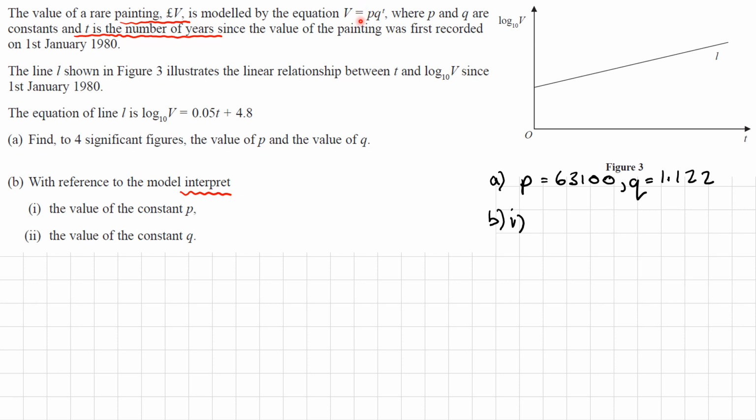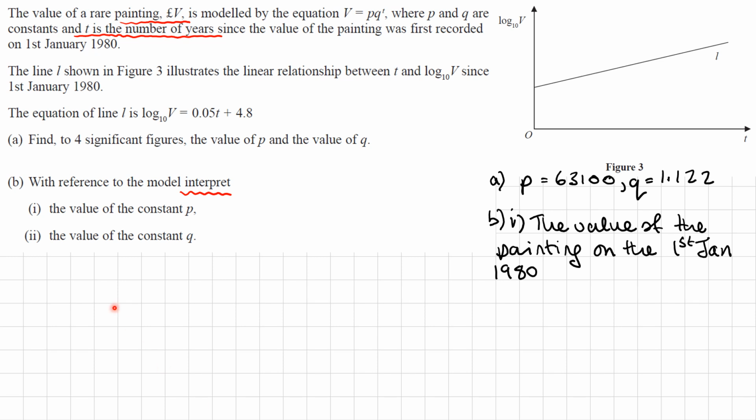Well, when are we going to get just P in this equation for its value? That will be when T is 0. When T is 0, you'll get a value of £63,100. So this is the initial value of the painting, or you can say it's the value of the painting on the 1st of January 1980.